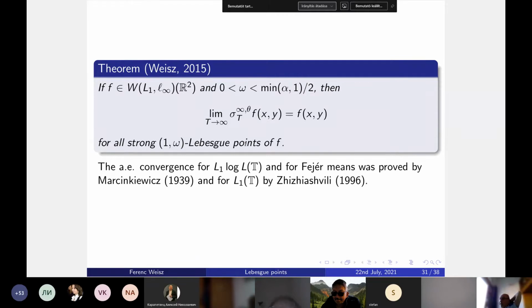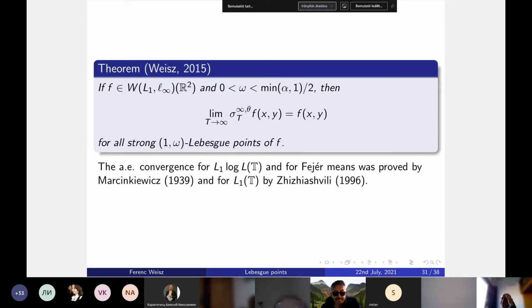The first result was proved by Marcinkiewicz. He proved the almost everywhere convergence of the Fejér means for the L1 log L functions, and later Zizyarsvili proved it for the L1 space, but here I have to write t square, of course, two-dimensional functions.